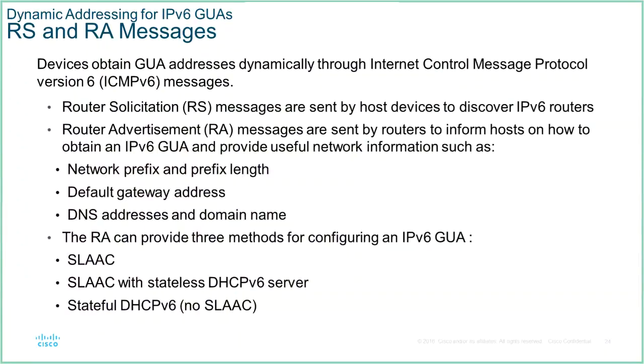Router advertisements will be sent by the routers to tell the hosts how they can obtain their dynamic addresses and such information that the ICMP will provide: network prefix and prefix length, default gateways, DNSs, domain names, SLAAC, stateless DHCP server addresses, and things like that.